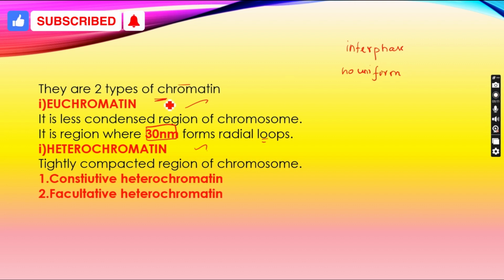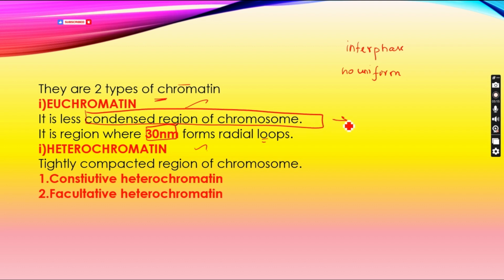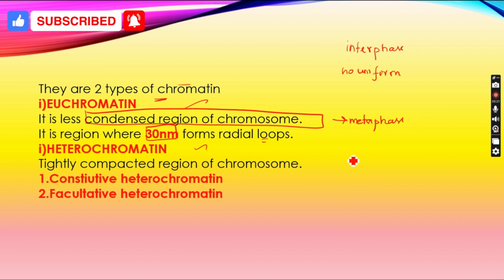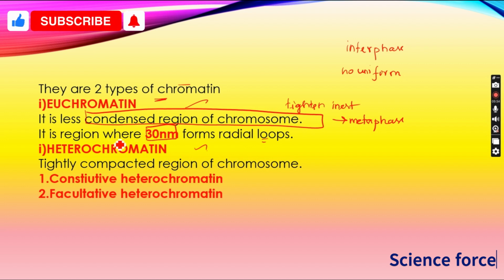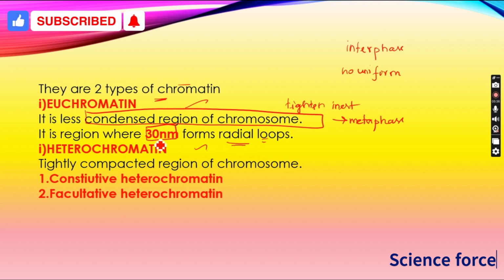Therefore, euchromatin is a condensed stage of chromatin, found during the metaphase, where in the interphase there is a small level of loosening. It is a tightened form of chromosome, and an inert chromosome in the metaphase. This chromosome can have radial loops of about 30 nm, which is euchromatin.